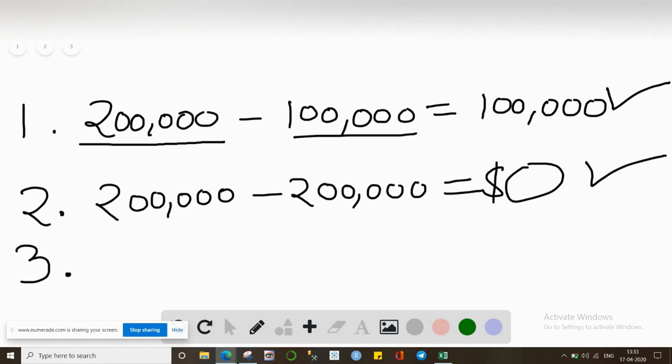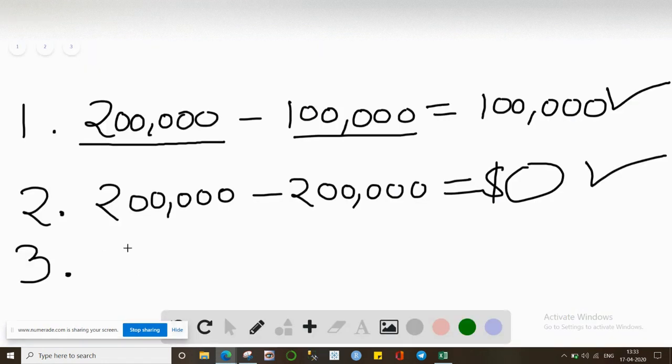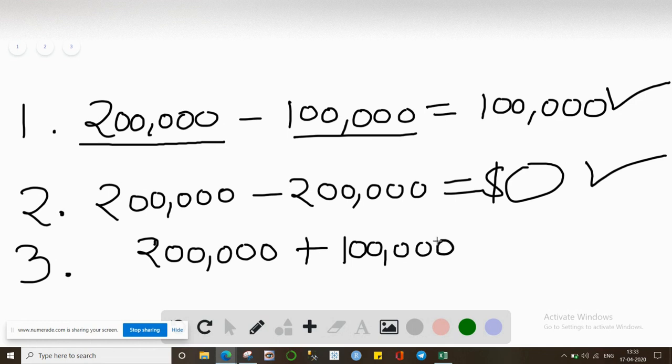And what do we have in the third choice? The third choice is the basic one: asset plus liability equals equity. So the second condition is wrong, because when we are adding 1 lakh to the liability side, it becomes 2 lakh.